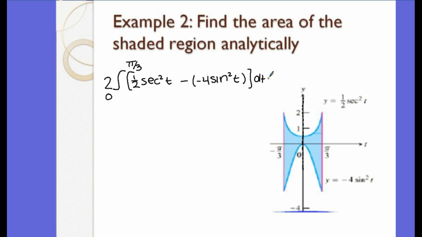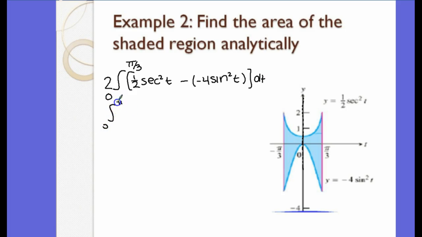Here's why you can write them as 1 or as 2. If I write this as 1, that half is kind of gross sitting out in front. If I rewrite this as 2 integrals, that half goes away, right? Because a half times a 2 is a 1. So think of this as 2 separate integrals.